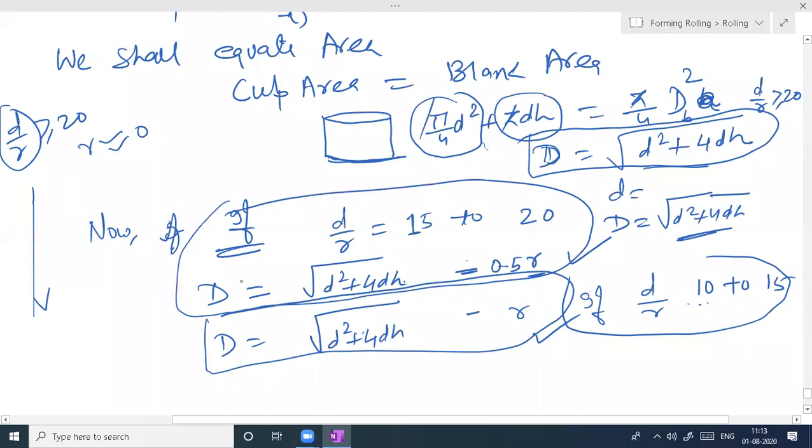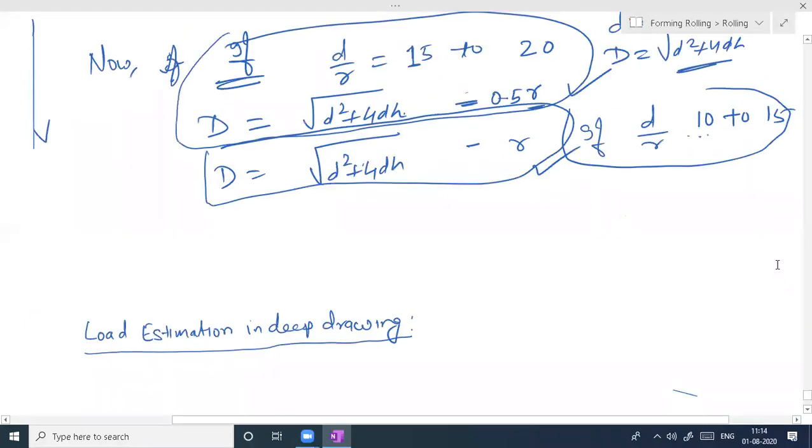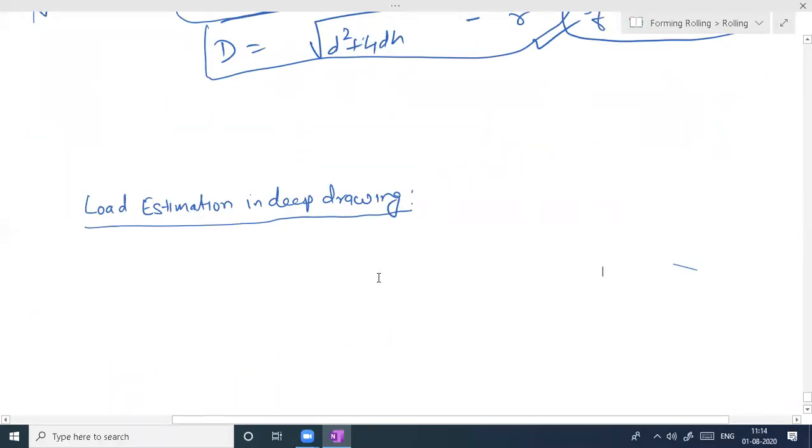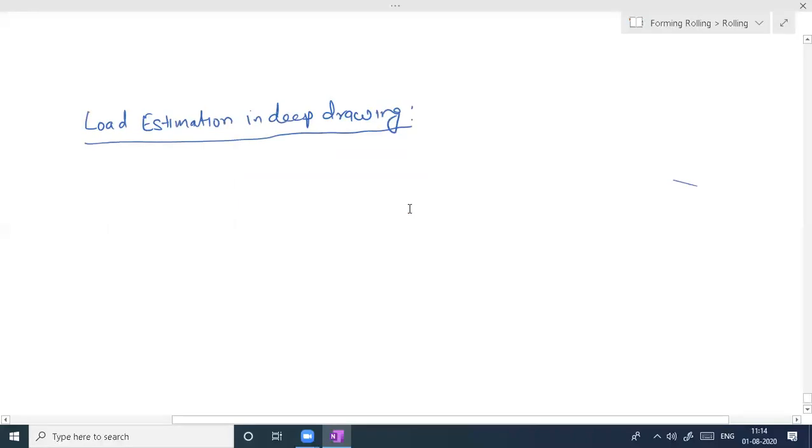Basically we will be discussing numerical parts, as the theory is very little. First, load estimation in deep drawing, which we already discussed last class.